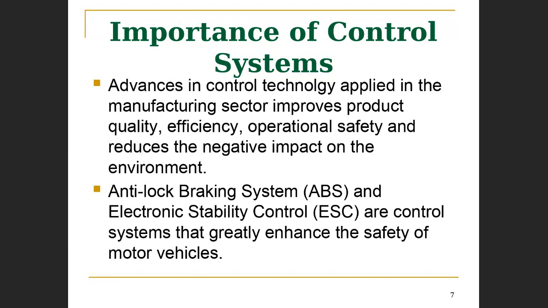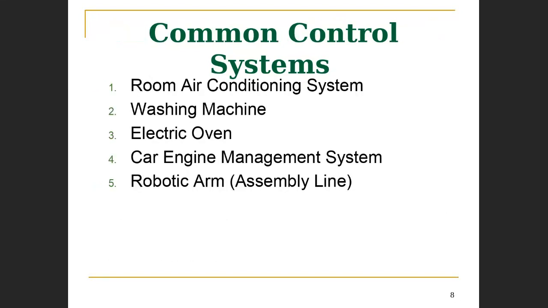Okay, so go ahead and look at that video at your convenience. That will explain what ABS is. ESC can also be looked at. So common control systems include the room air conditioning system, the washing machine, the electric oven, the car engine management system, and the robotic arm that would typically be used in an assembly line.